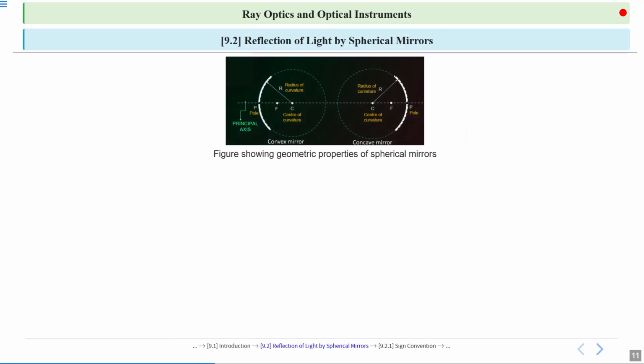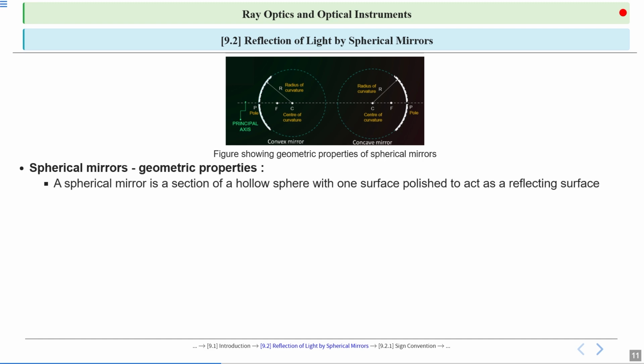Now, a figure showing the geometric properties of spherical mirrors. So let's see the geometrical properties. A spherical mirror is a section of a hollow sphere. So these spherical mirrors are sections cut out from hollow glass spheres, with one surface polished. So what is a convex mirror?